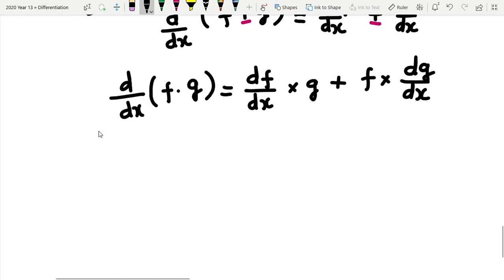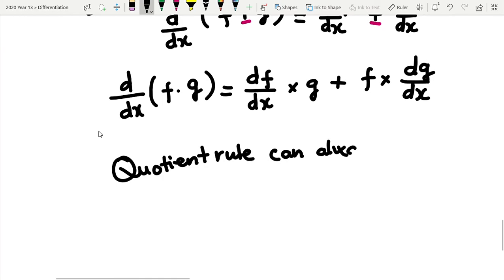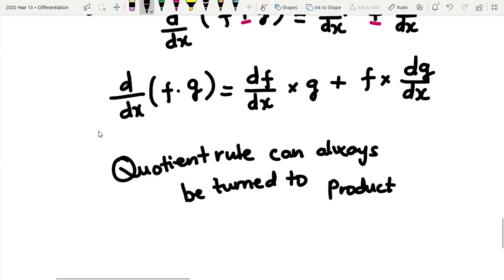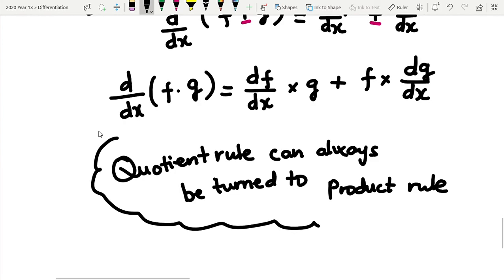I'm going to give you an example. The quotient rule can always be turned into the product rule. This is the golden idea. You might be like, what is this guy talking about?